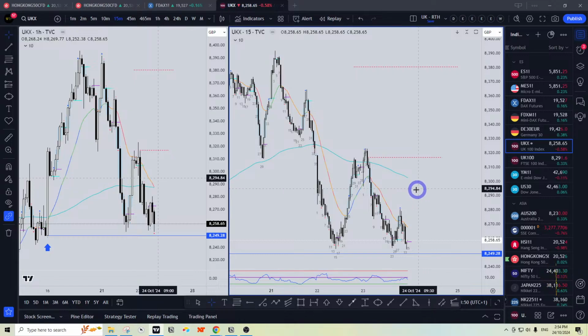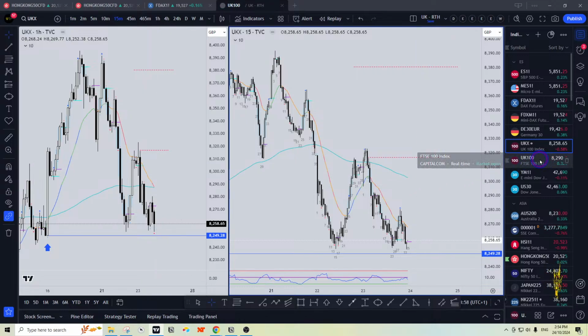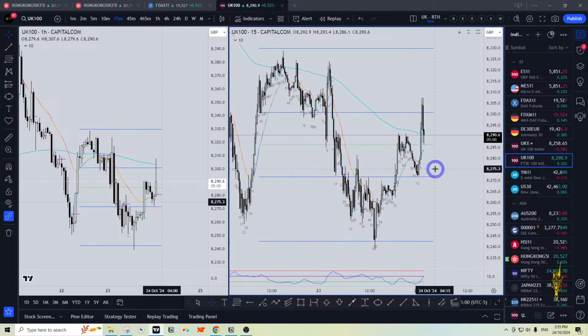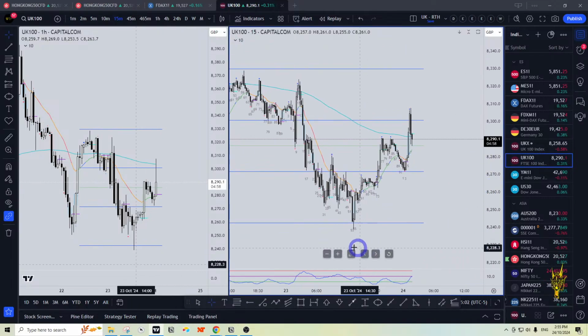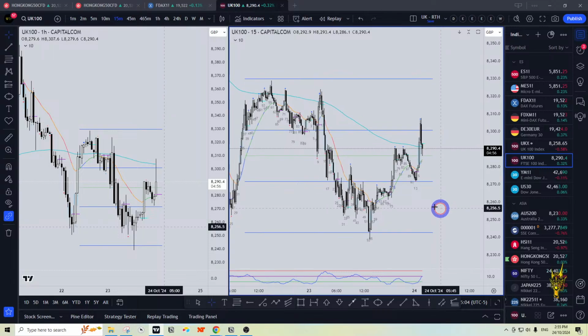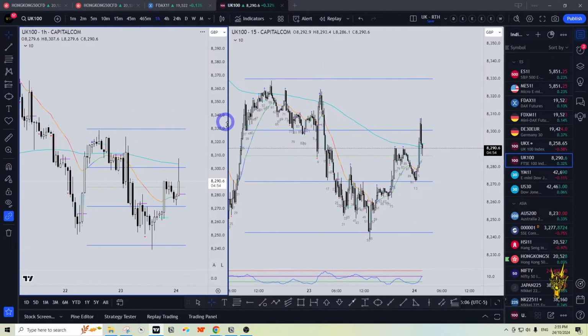So you can see we're already back in the middle of yesterday's range. Let's look at the overnight for now anyway.